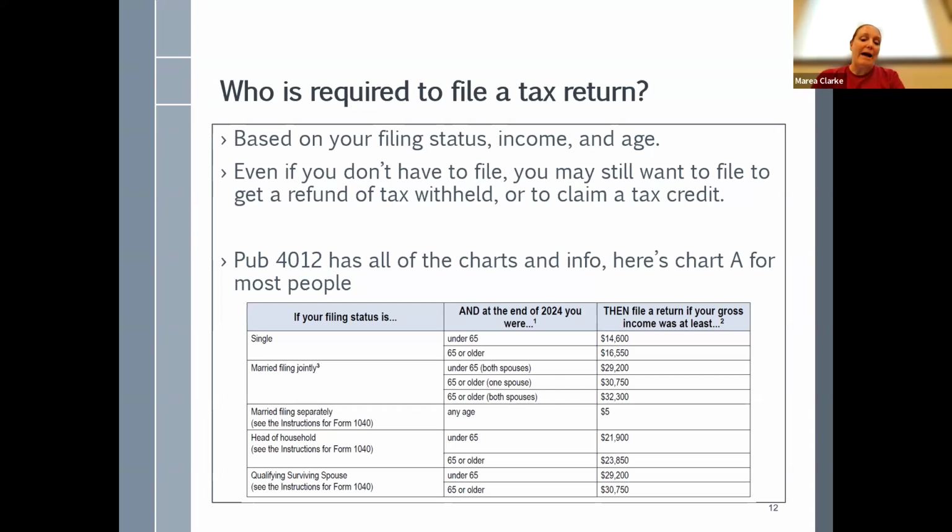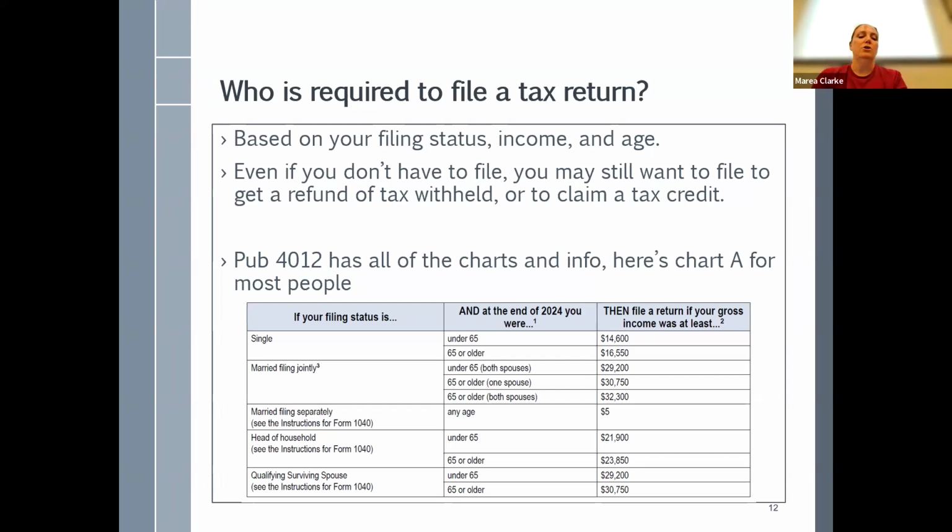Some people may not have to file a return, but they still may want to file a return if they have any taxes that were withheld, or if there's a tax credit that they could get and get some money back. Publication 4012 has the charts for that, but here is one of those charts where you can see filing status, and at the end of the year, what your age was, and if your income was at least this much, then you have to file a tax return.